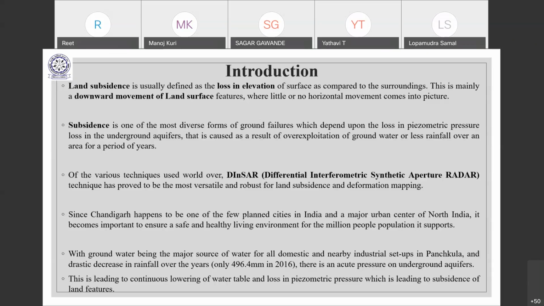Suppose the capacity of an aquifer is 1000 liters, and we are removing 500 liters every year, and with the rainfall the groundwater is also recharging 500 liters, then the water will be balanced. But suppose we are removing 500 liters and it is only recharging 300 liters, then there will be a gap which will be left in the surface.